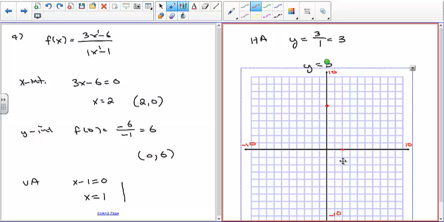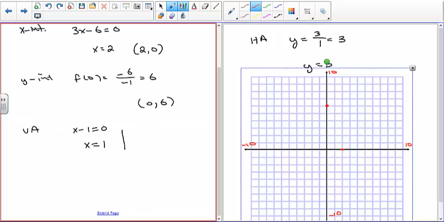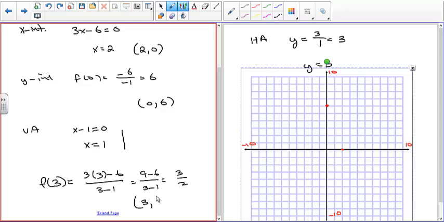I also told you to evaluate the function at 3, so let's go back and do that. So if we evaluate the function at 3, we'll get 3 times 3 minus 6 over 3 minus 1, which is 9 minus 6 over 3 minus 1, which is 3 over 2. So we have this other coordinate pair, which is 3, 3/2. So we're gonna plot that.